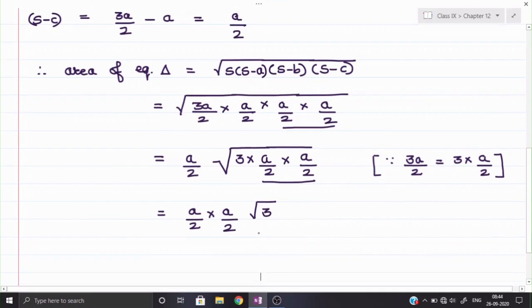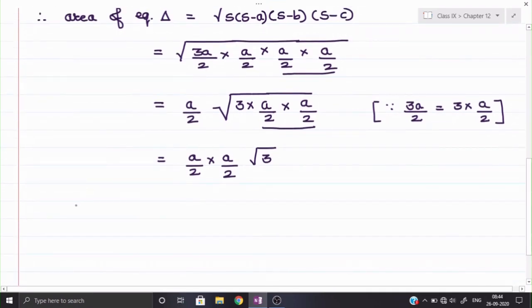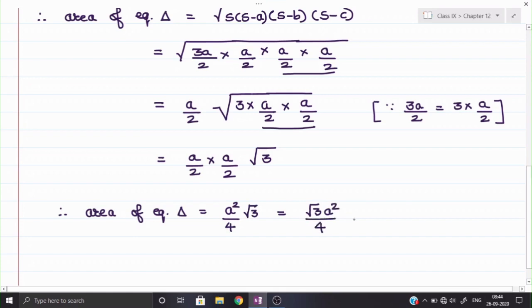Now a by 2 and a by 2 multiply, so we can say that therefore area of equilateral triangle is equal to a square upon 4 under root of 3, or else we can write root 3 first, root 3 a square whole divided by 4 square units or square centimeter, whatever is applicable.